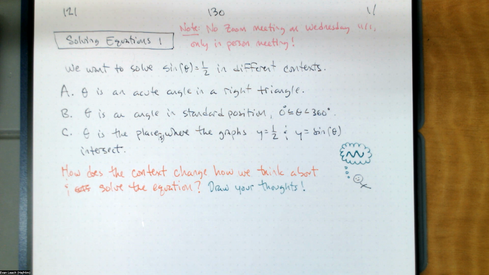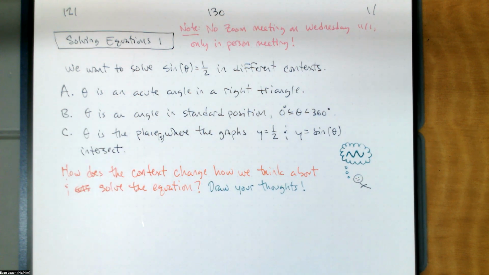And in part C, theta is the place or places where the graphs of y equals 1/2 and y equals sine of theta intersect. So we're looking at this in the 3 different contexts we've been dealing with: acute angles in right triangles, not just angles in standard position, not just angles as we graph them in sinusoidal graphs. Let's see how the context changes each of these problems.